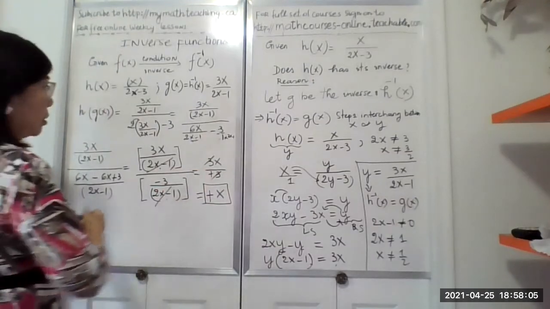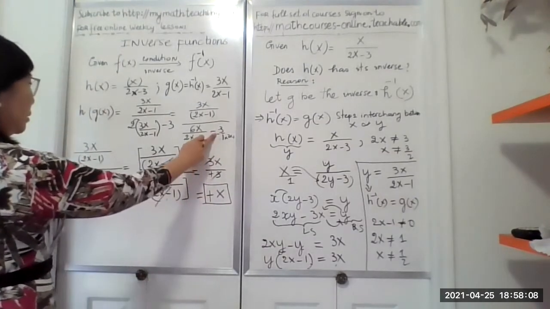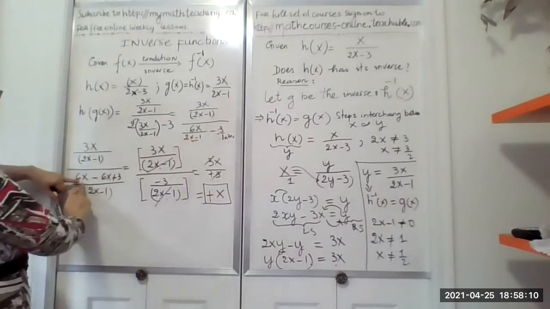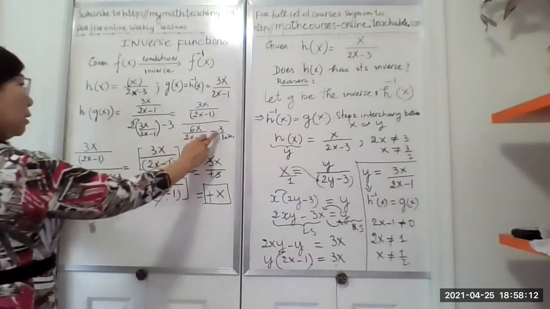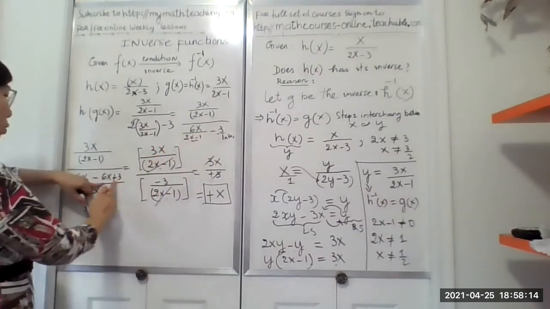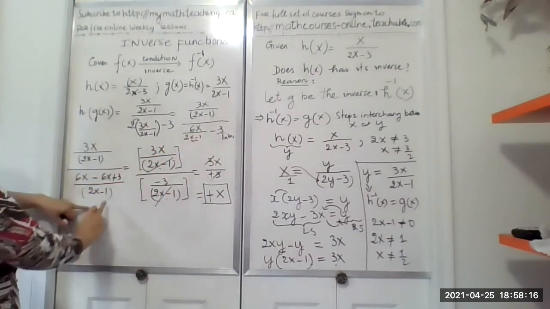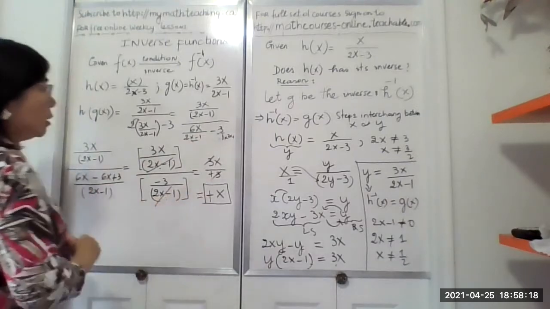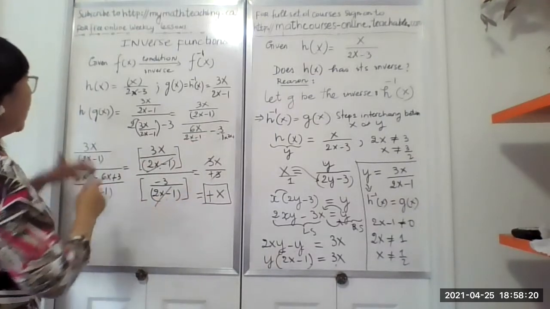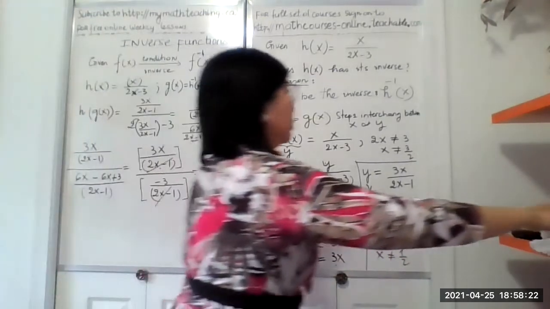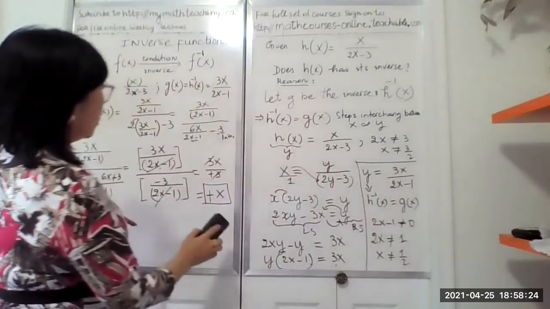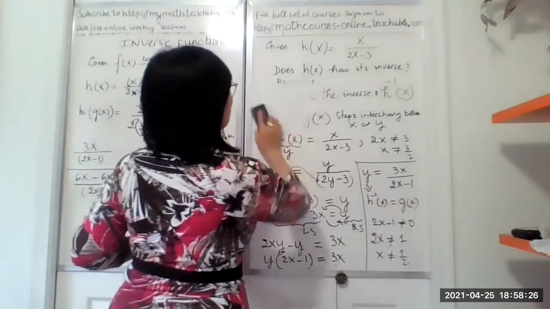So my bad, sorry about that. Minus times 2x is minus 6x. Minus 3 times minus 1 should be positive 3, right? So now we have an x here.